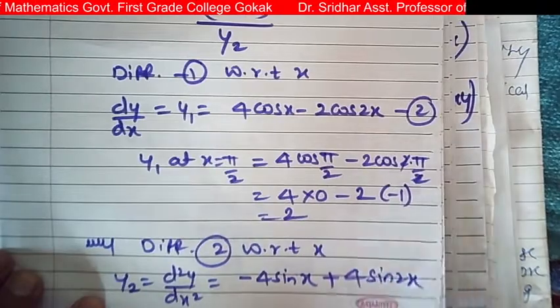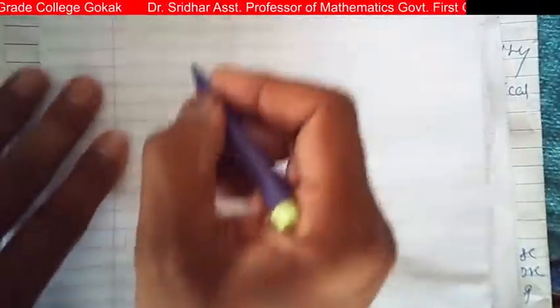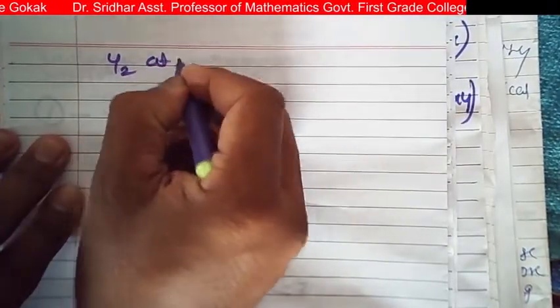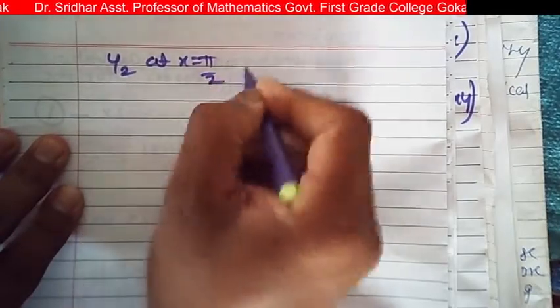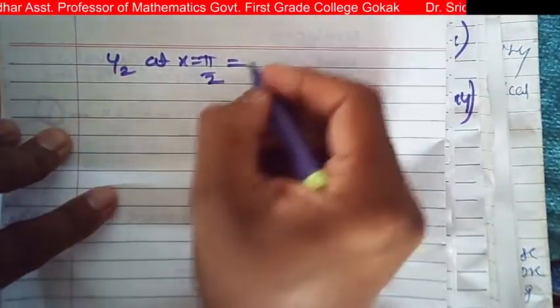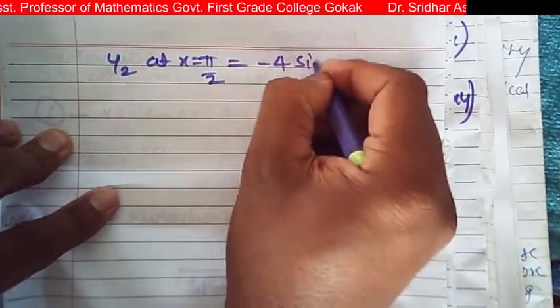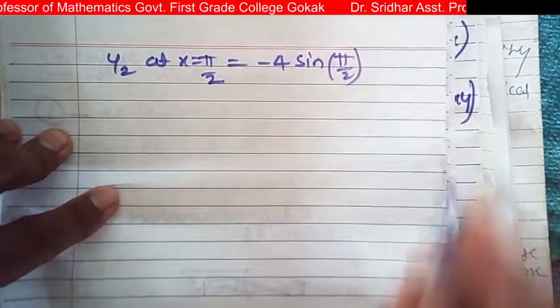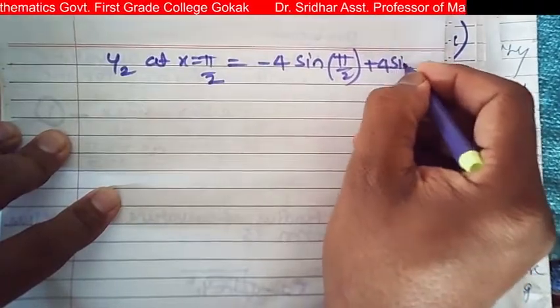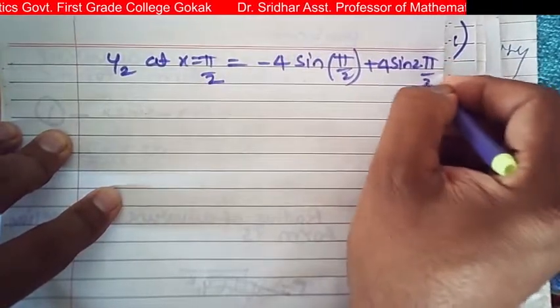Now we find y2 at x equal to pi by 2, which is minus 4 sin pi by 2 plus 4 sin 2 into pi by 2.